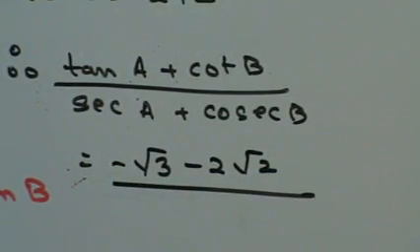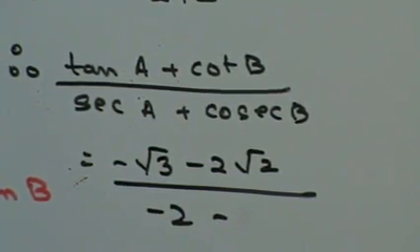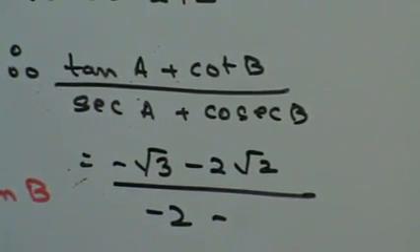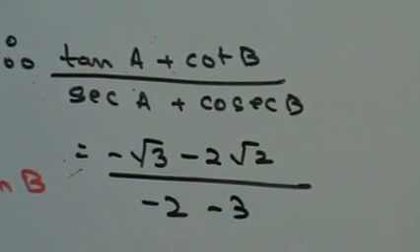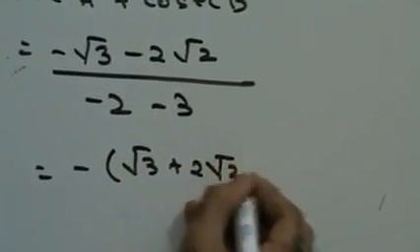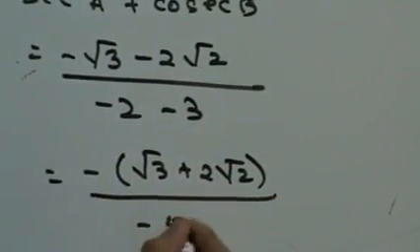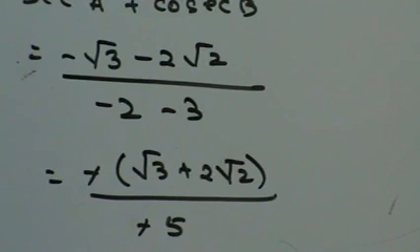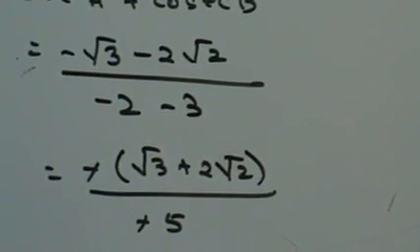Sec A we found out as minus 2, plus cosec B. Cosec B we found out as minus 3. So the answer is minus common, root 3 plus 2 root 2 upon minus 5. Minus minus gets cancelled. Answer is root 3 plus 2 root 2 upon 5.